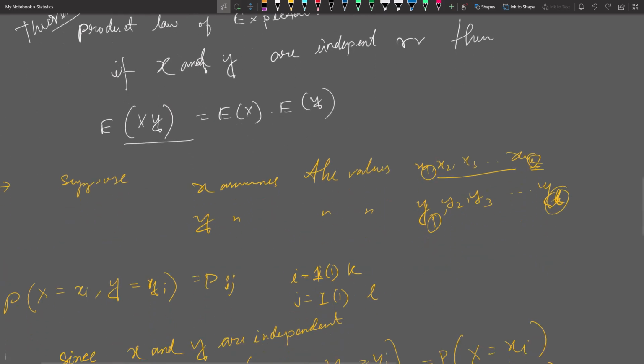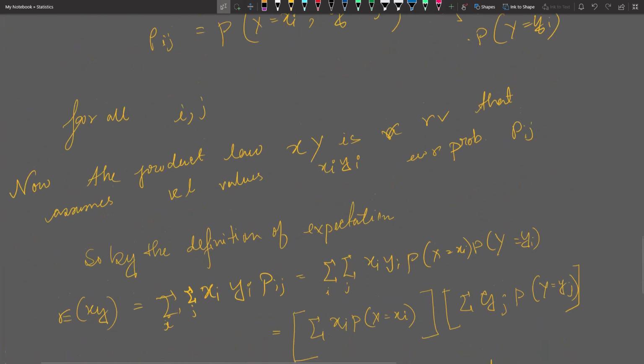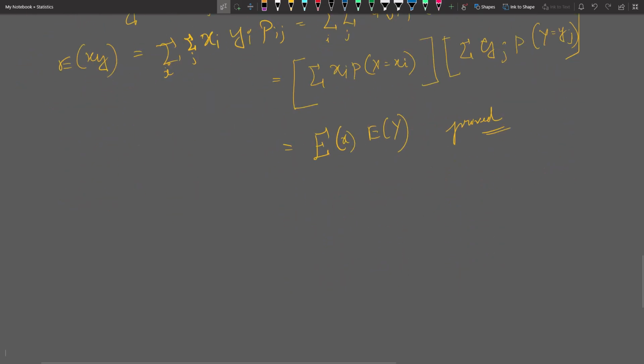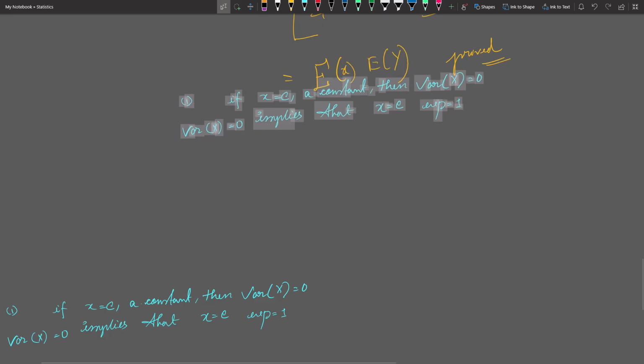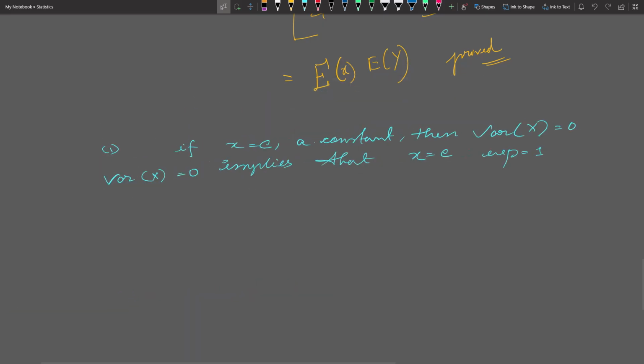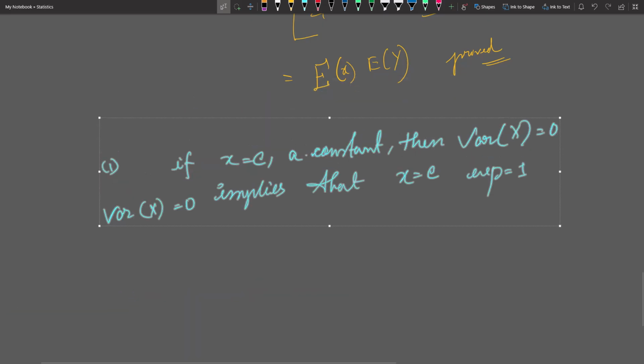So here you have to put it, and dragging this it becomes so much large.